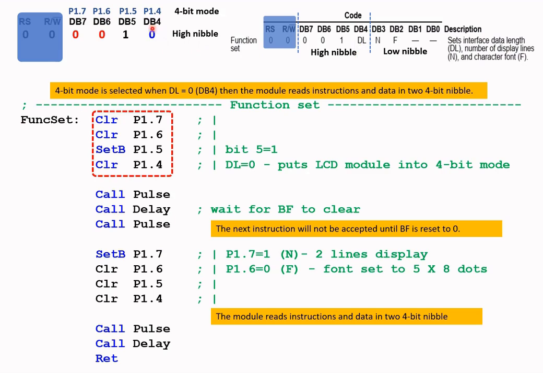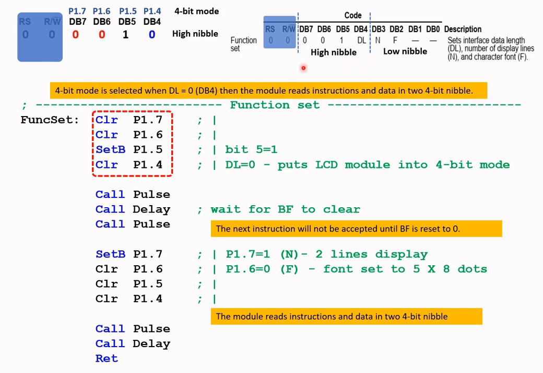We set that to 0. DL equal to 0 puts the LCD module into 4-bit mode. So by sending the high nibble, this will set it to 4-bit mode.